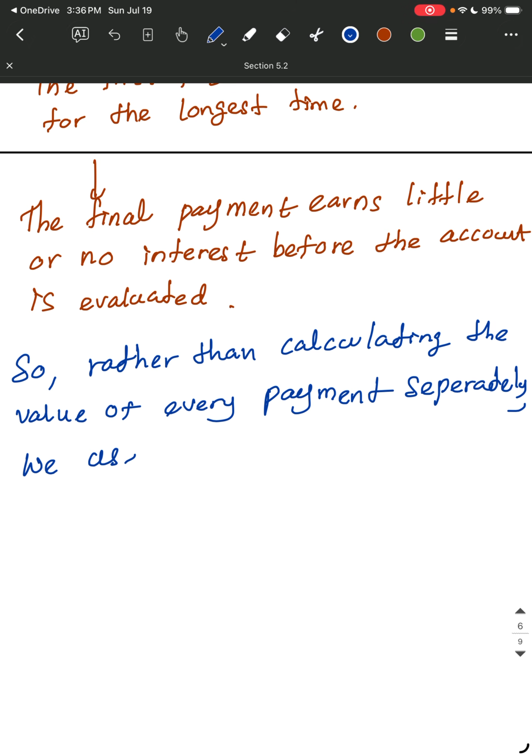Right? Let's see the future value formula.